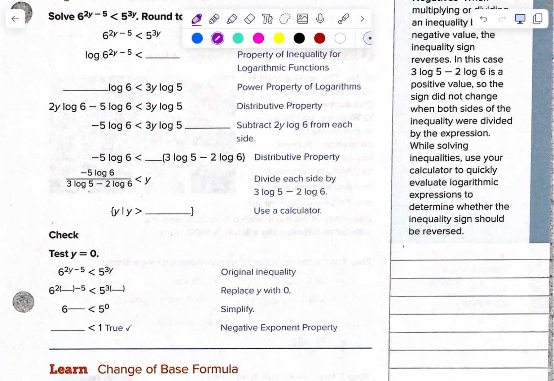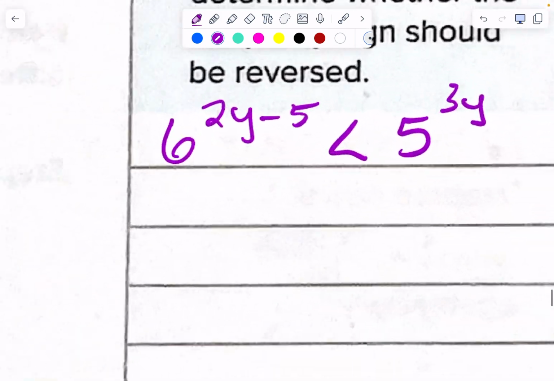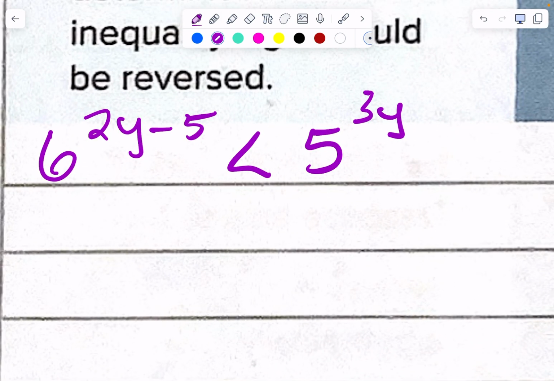Write this down. 6 to the 2y minus 5 is less than 5 to the 3y. This is the next problem, but I don't like their work, so I'm going to solve it over here. It's going to be a decimal. All right. What are my two bases that I have? 6 and 5. Can you get those to be the same number?